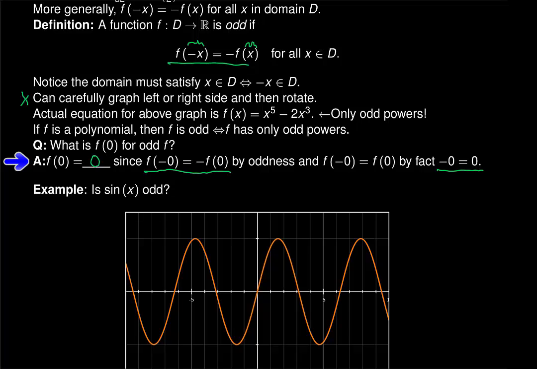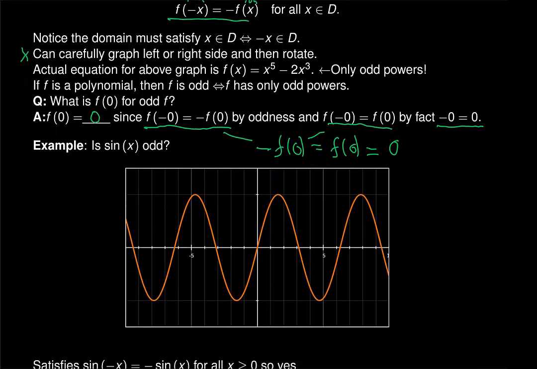And so f of minus 0 is also equal to f of 0. And so when you put these two things together, what you have is minus f of 0 is equal to f of 0. The only way that can be true is if it's equal to 0. So f of 0 has to be 0.